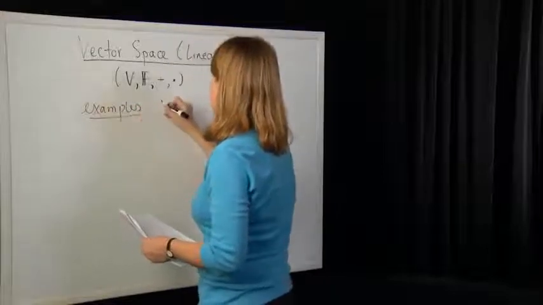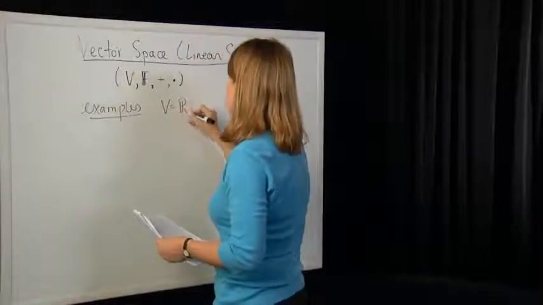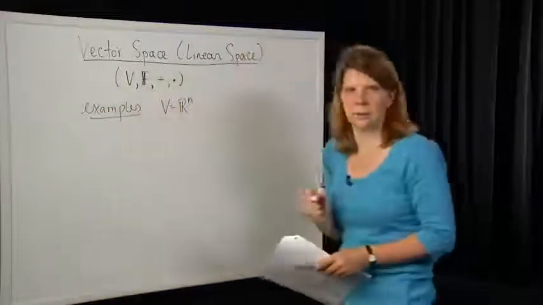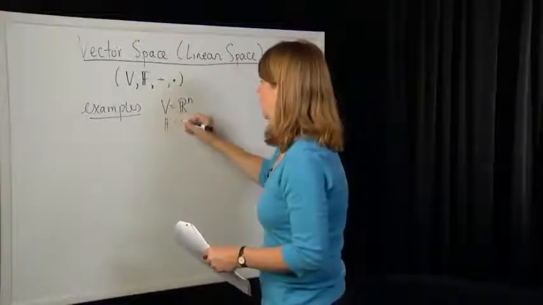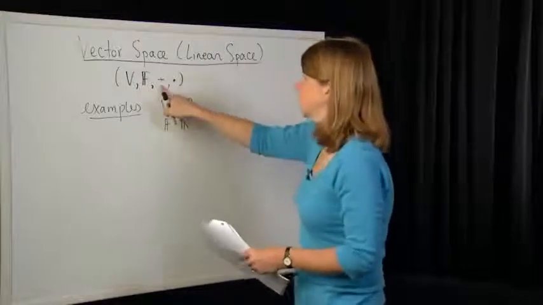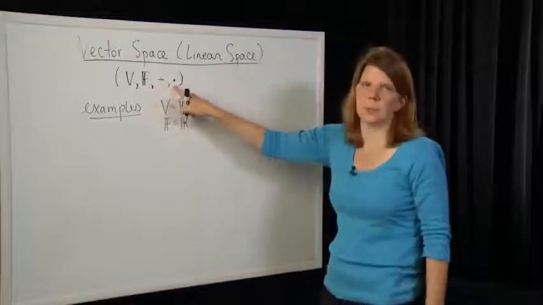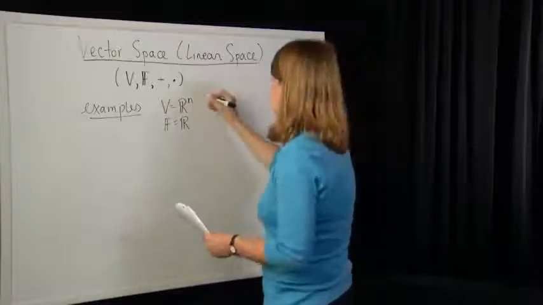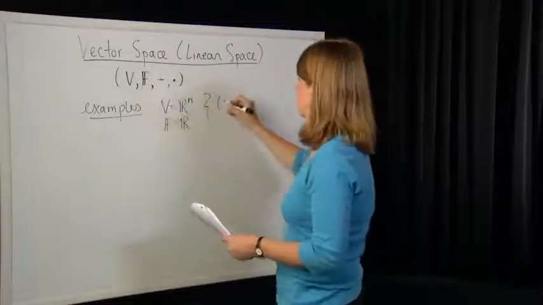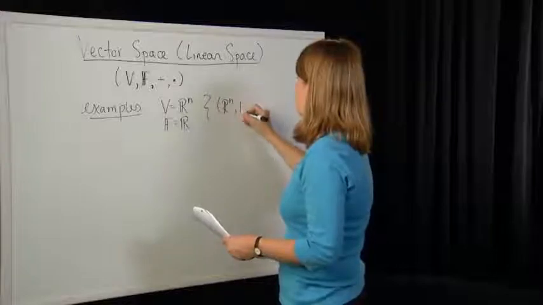So we often think of the space of vectors Rn. In fact, we spend a lot of time with the space of vectors Rn over the field of reals, with the standard definitions of addition and multiplication for vectors. So this is a vector space. We'll basically write it as we have here as Rn R.